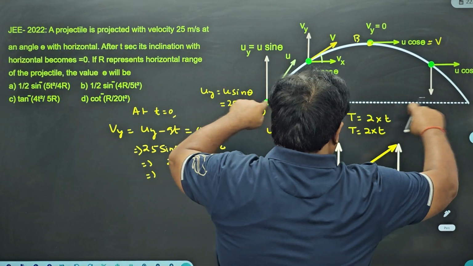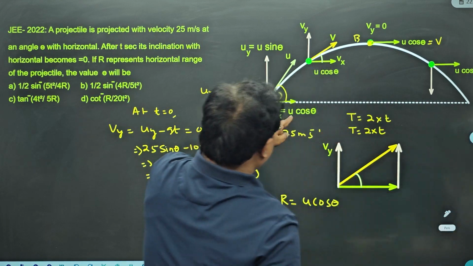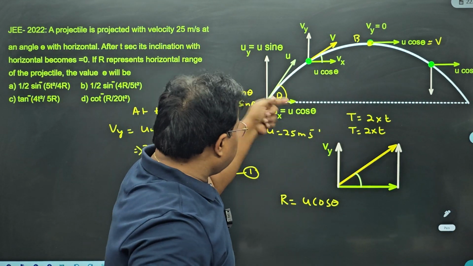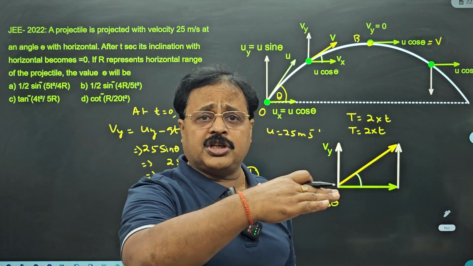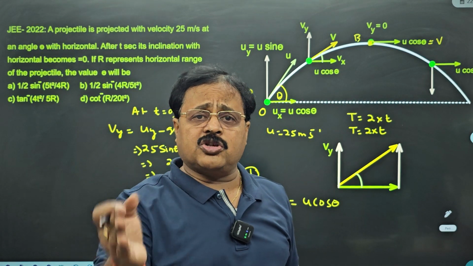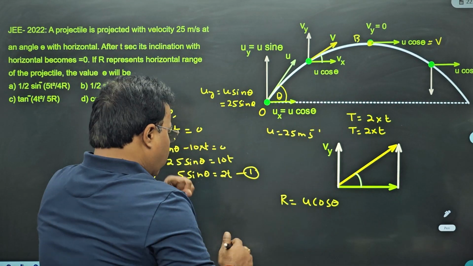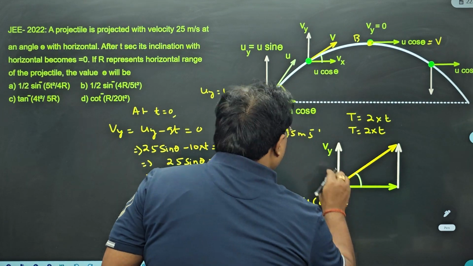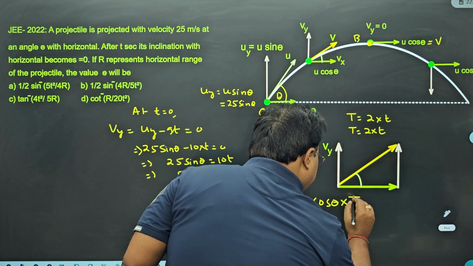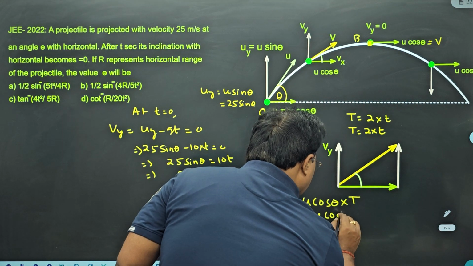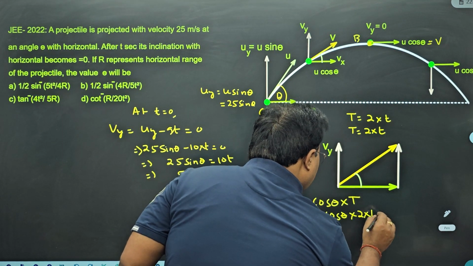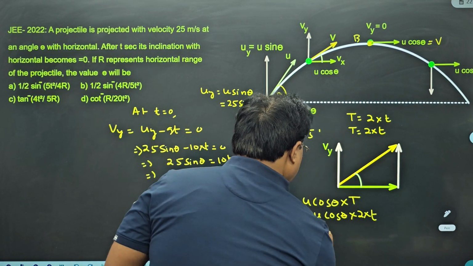This is called range. This velocity into total time is equal to range, because horizontal velocity is constant. The total time in a projectile motion is known as time of flight, and here the time of flight is equal to 2 into time of ascent, where t is the time of ascent.